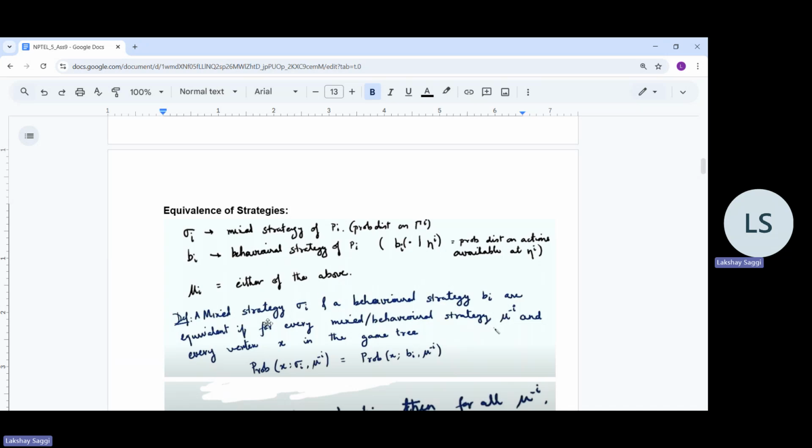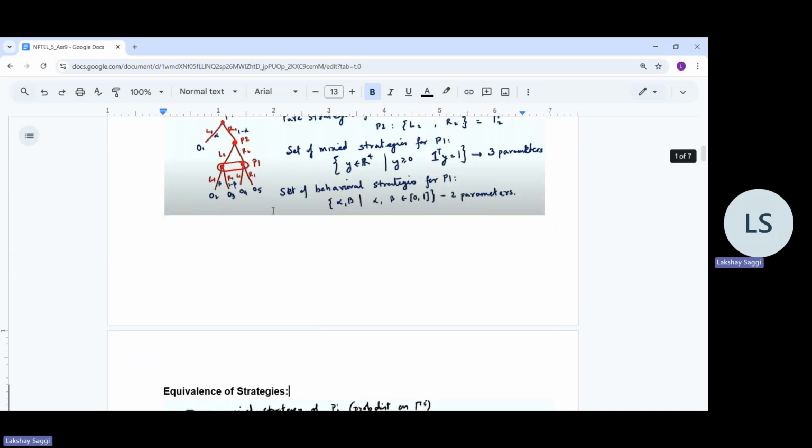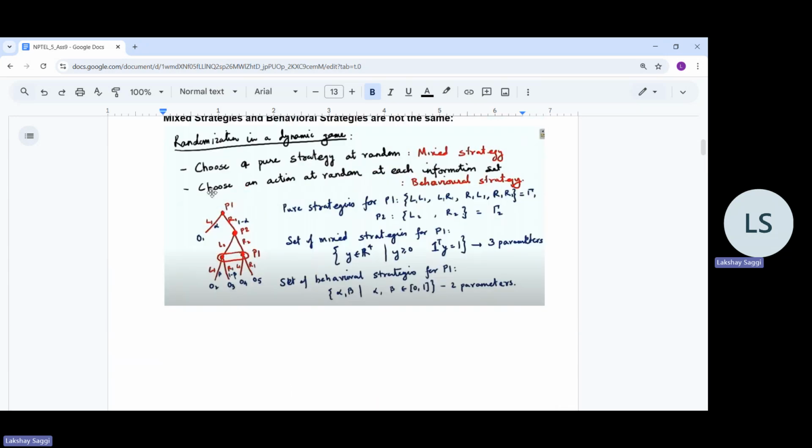By equivalence, we mean that in the game tree which we have, every vertex has some probability of being reached. Whether we are playing a behavioral strategy or a mixed strategy, any randomization gives every node in this game tree some probability of being reached. Let's say we are considering behavioral strategies for now. This node is reachable with probability alpha.